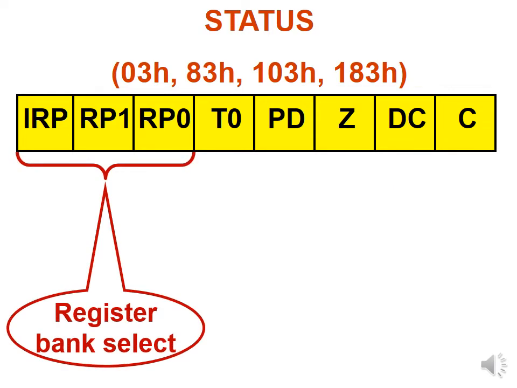Then we have register bank select bits. These are the bits that are used to indicate the register bank that is to be addressed at any given particular moment.